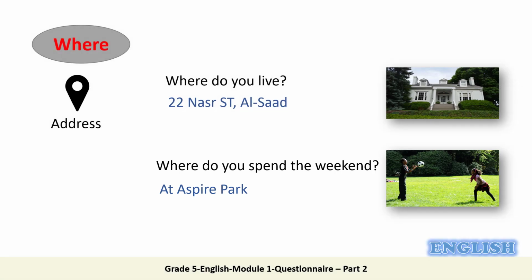And many more questions could start with where to ask about places and locations, like where do you go shopping, for example, and where do you spend your summer vacations. Okay? So where, my friends, asks about the location or the place where I do an activity.